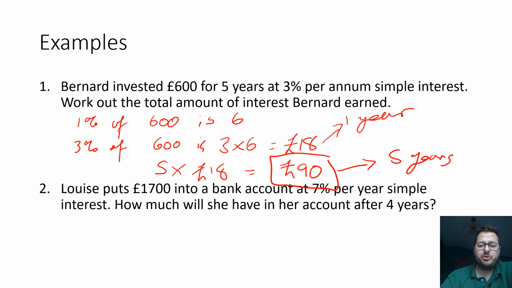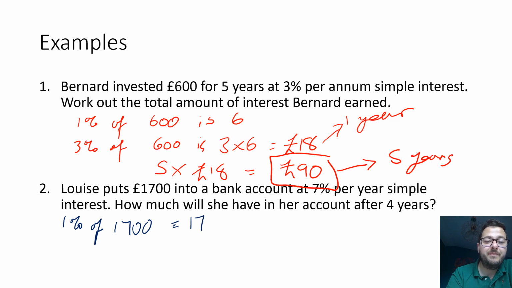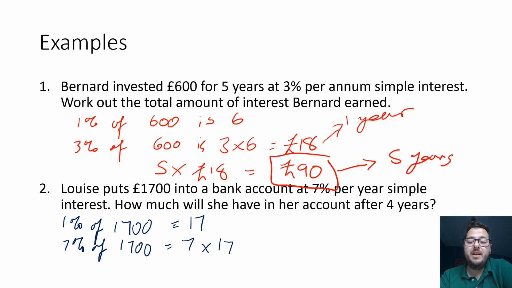Okay, next question. Louise puts £1,700 into a bank account at 7% per year simple interest. How much will she have in her account after 4 years? Well, let's first find 7%. 1% of 1,700 is 17. So 7% of 1,700 is 7 times 17, which is 119.